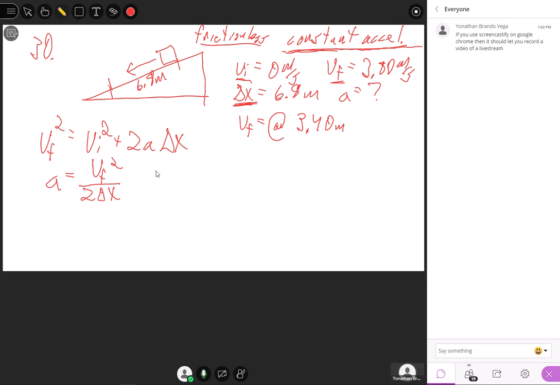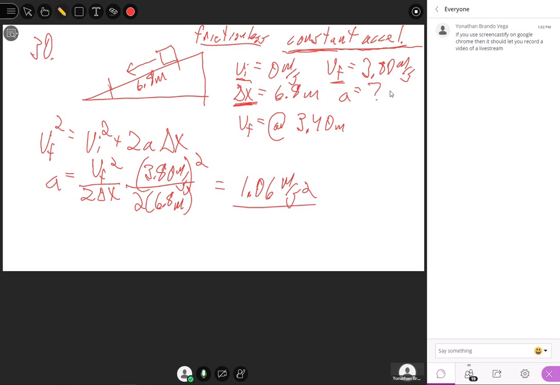So we take the final velocity squared, which was 3.8 meters per second squared, divided by 2 times the total displacement of 6.8 meters, and we get an acceleration of 1.06 meters per second squared. Now why is that important?